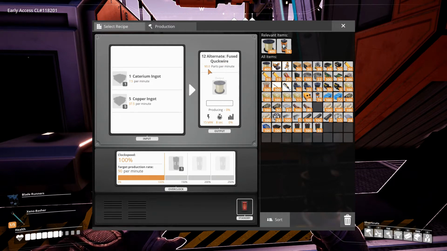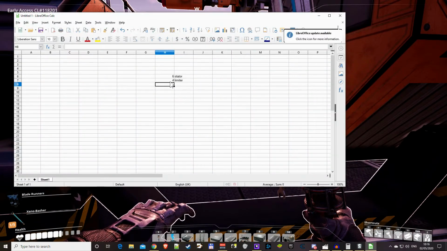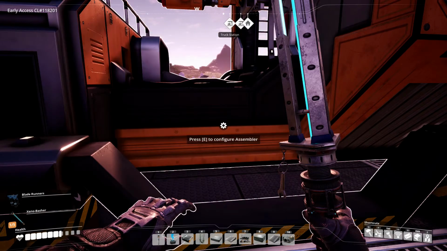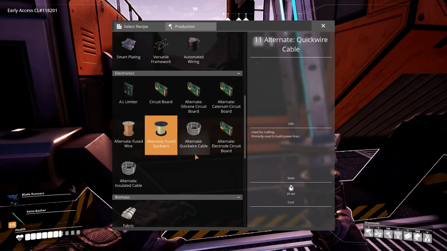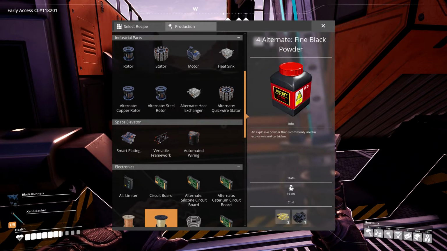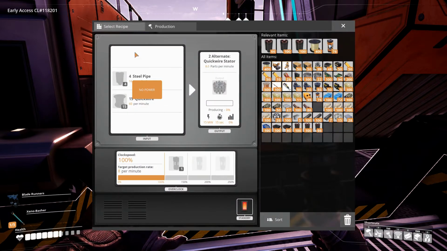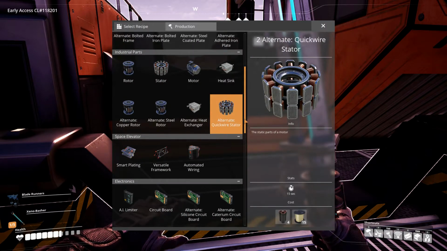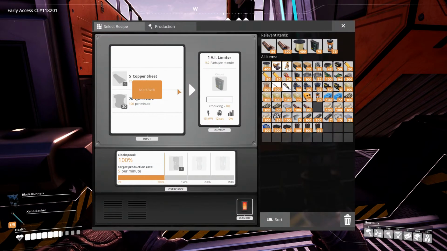So 990 per one factory. And well, yeah, I'm using both. The stator needs quick wire, and the AI limiter by default has like one recipe, I guess. So it takes quick wire.